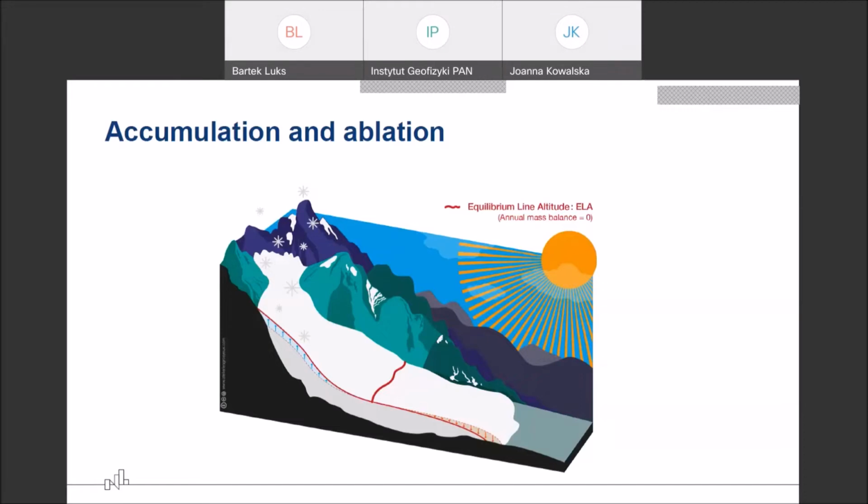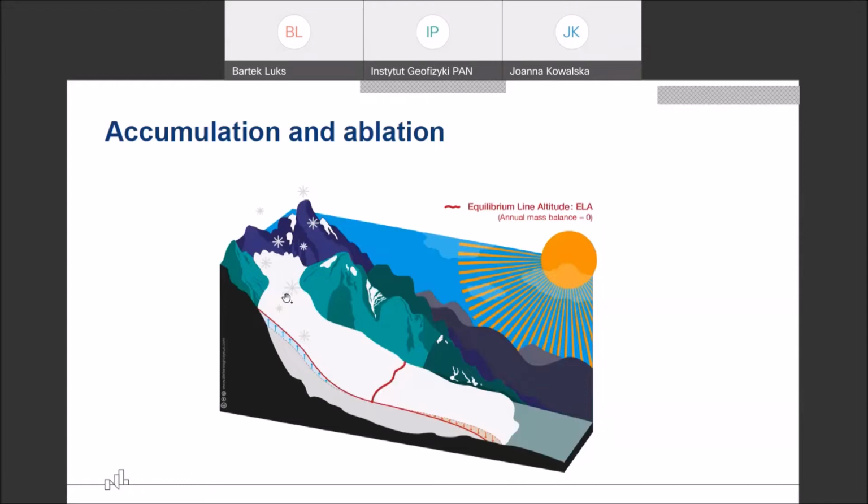And here on this graph, you can see in the upper part, you got buildup of mass, which is accumulation, and then you got all this nice snow blanket. But in the summertime, the snow melts and also ice melts, and that's why this area to this red line is called accumulation area, and the lower part is called ablation area.